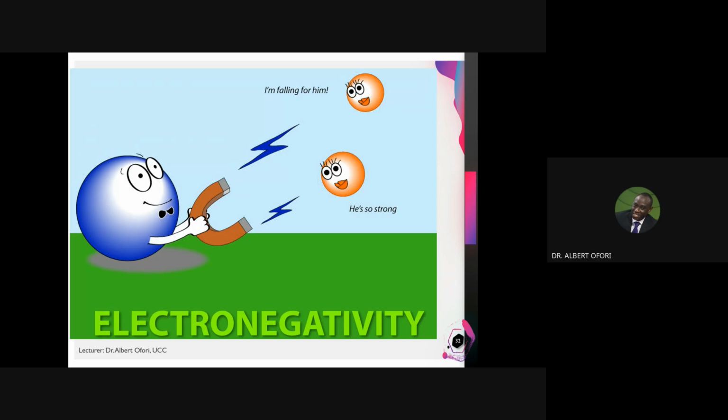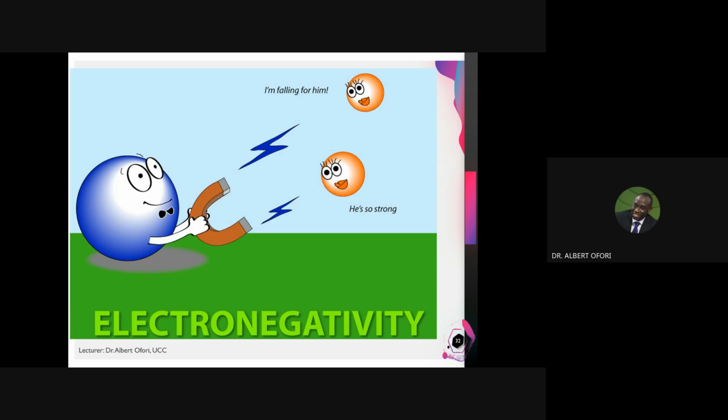Otherwise, the rest of the main group elements follow that octet rule. Well, with few exceptions. We have 3 exceptions to that octet rule: the incomplete octet, the expanded octet, and the odd number, that's the radical. So you get some elements being radical, some elements not having up to 8 electrons, that's the incomplete, and some even exceeding, like sulfur, exceeding the 8.